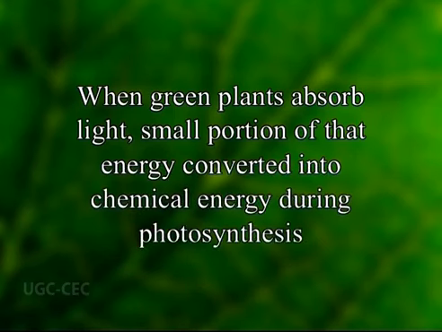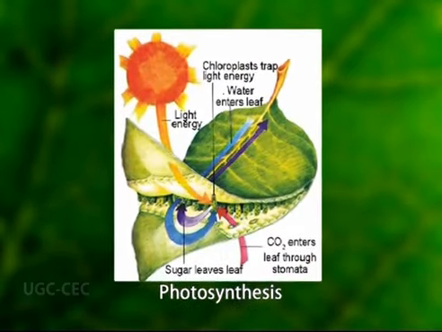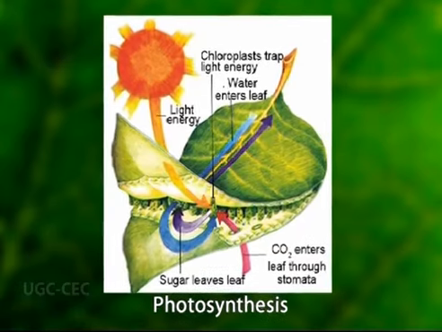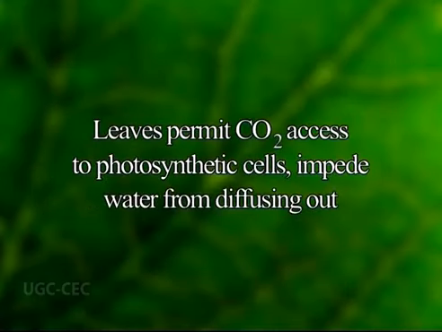the process of photosynthesis. Leaves are a plant's main photosynthetic organs. Leaf structure is closely associated with its photosynthetic function. Leaves must permit carbon dioxide access to the photosynthetic cells but impede water from diffusing out.